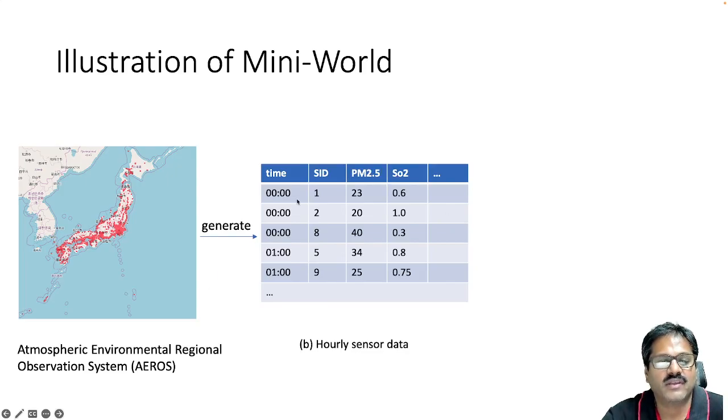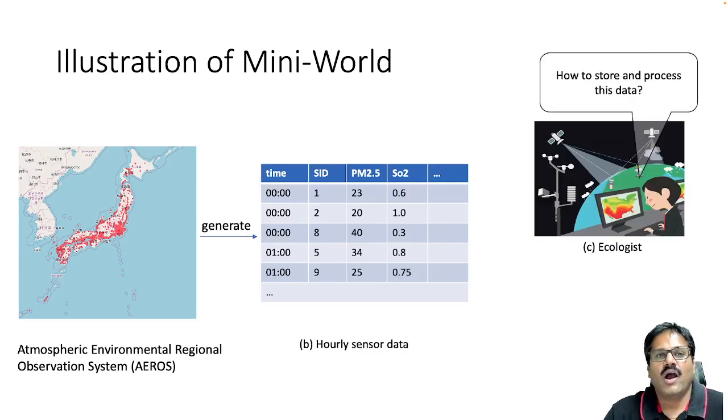You can see that at 00 hours sensor 1 has recorded 23 units of PM 2.5, 0.6 units of SO2, and so on. So this network is generating this data.